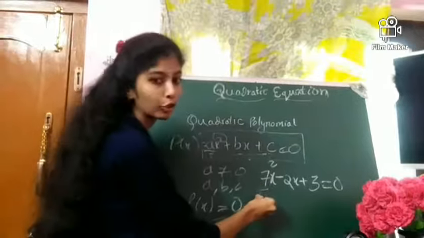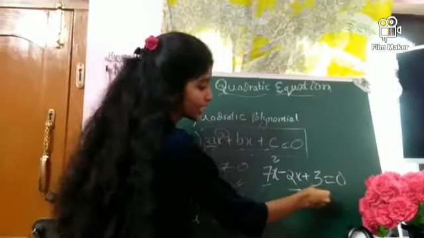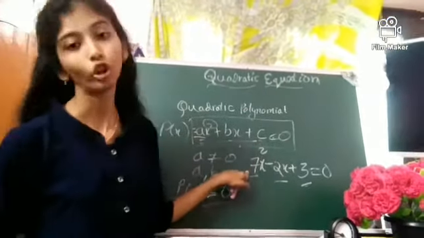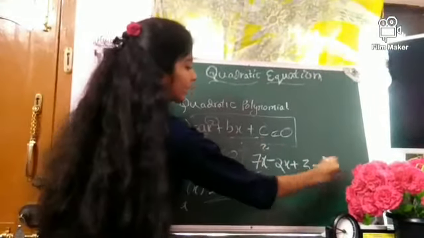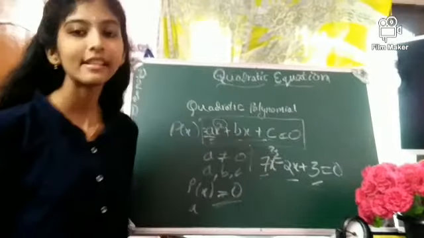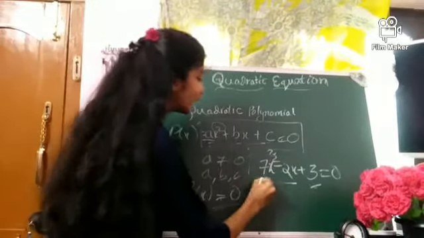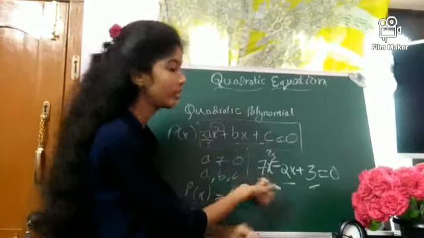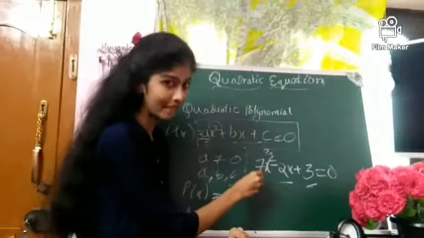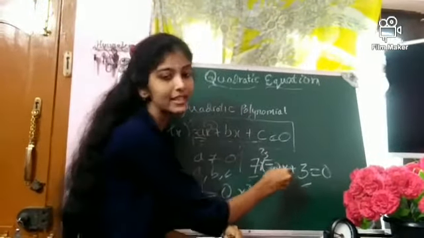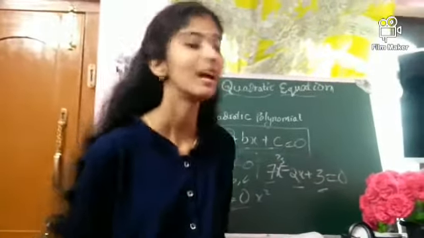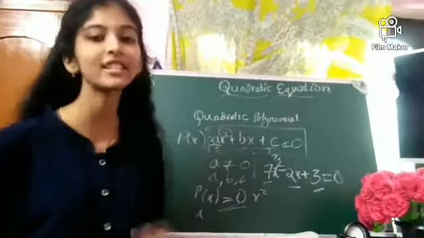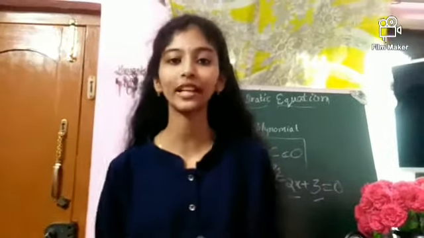Here a is 7, b is 2 and c is 3. These are real numbers and a is not equal to 0, so it is a quadratic equation. In this equation, the coefficient of x² is 7 and the coefficient of x is 2. This ax² + bx + c = 0 is known as the standard form of a quadratic equation.